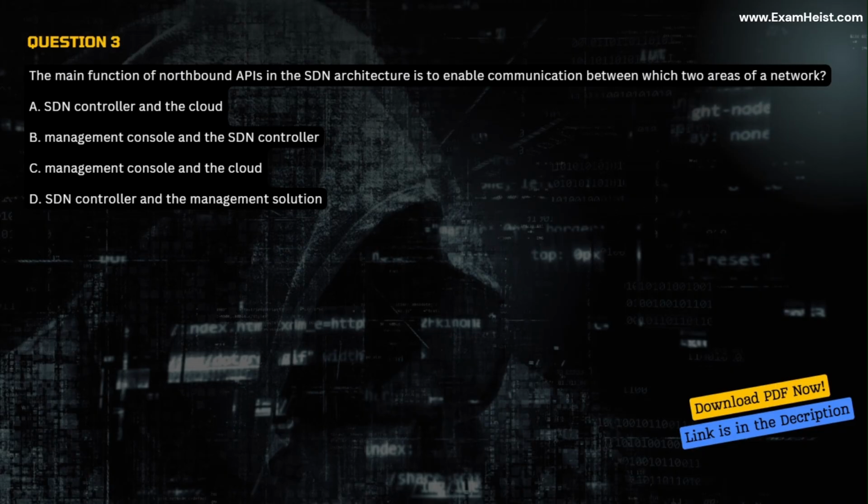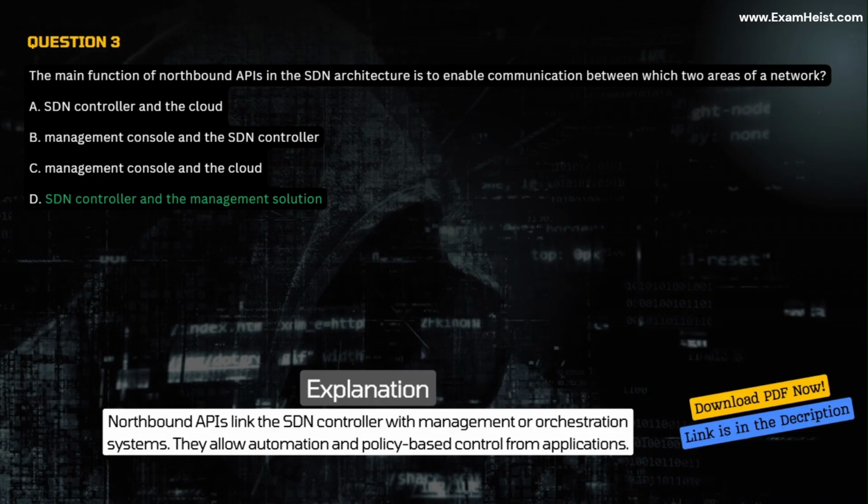D. SDN controller and the management solution. Correct answer D. SDN controller and the management solution. Explanation. Northbound APIs link the SDN controller with management or orchestration systems. They allow automation and policy-based control from applications.